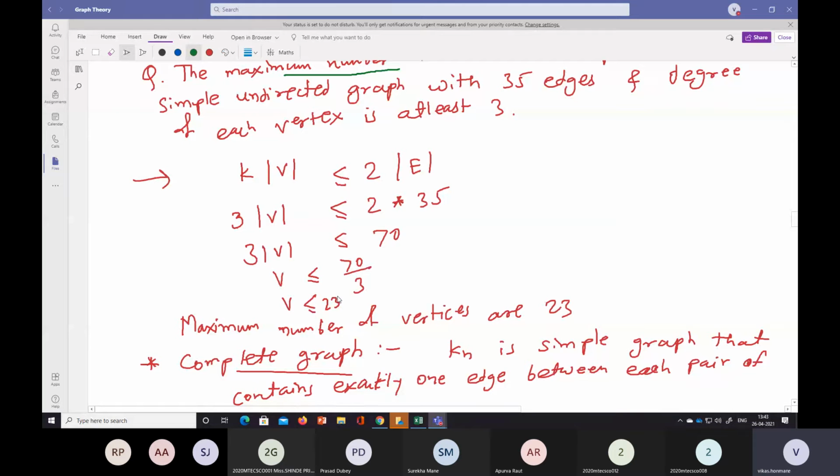Here the answer we are getting is a fraction, but the number of vertices is never a fraction.